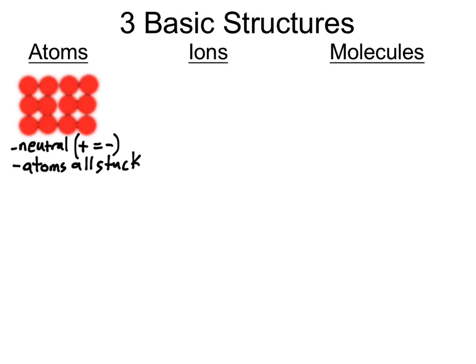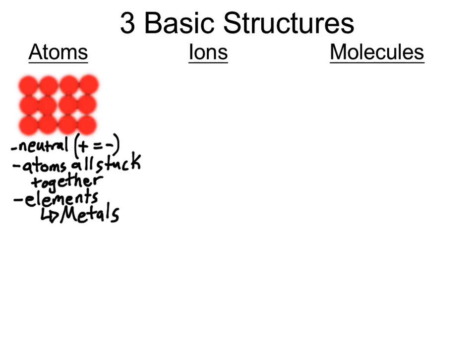Okay, now atoms are all stuck together as well. So in this case, we've got them all just kind of stuck and bonded together in one big blob. Typically, we're looking at elements. More specifically, most things that are structured this way would be metals. The example I showed you a minute ago, that was gold.